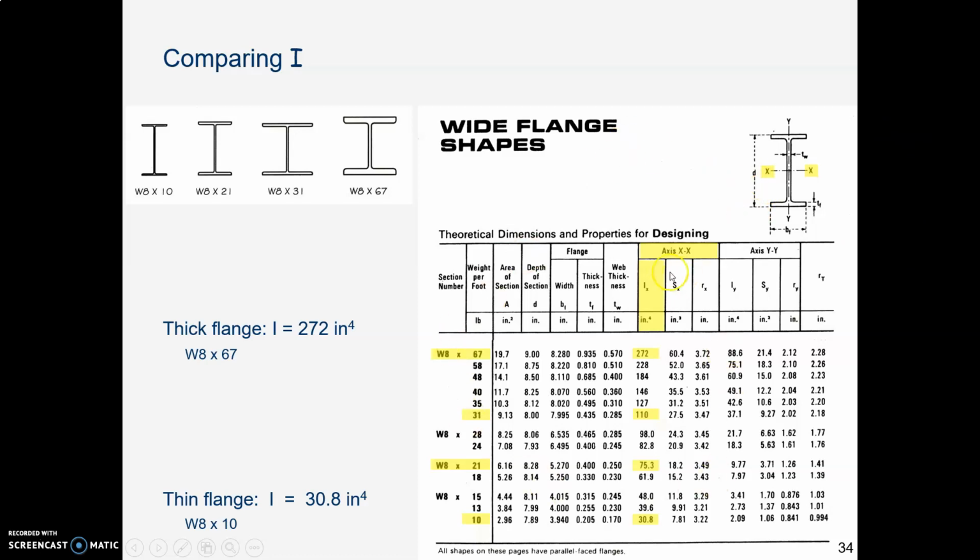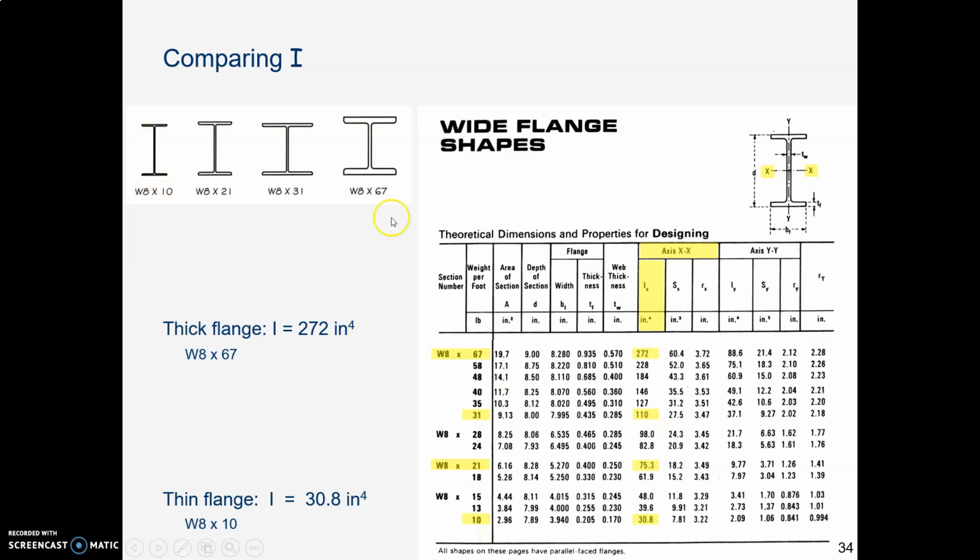Here is an excerpt out of our old friend, the structural steel wide flange tables. And I've zoomed in here on the moment of inertia around the x-axis. So here is the x-x axis, the bending axis. And look here. An 8x10 wide flange has a moment of inertia of 30.8.